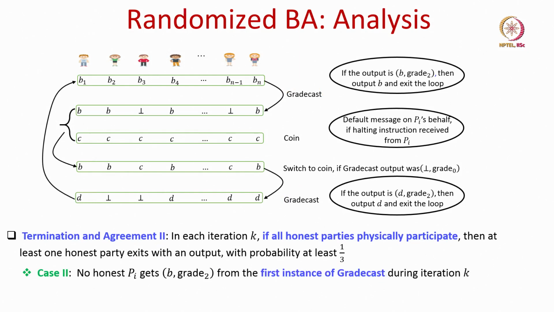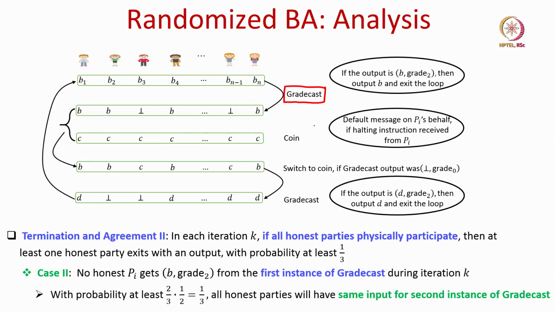Case number 2 is that no honest party has terminated in iteration k, that means no one has obtained any bit with the highest grade 2. Then let us focus on the scenario regarding the inputs of the honest parties during the second invocation of Gradecast.